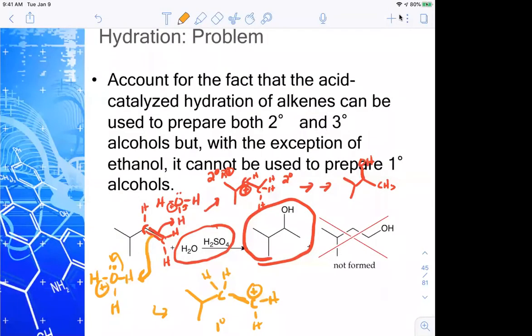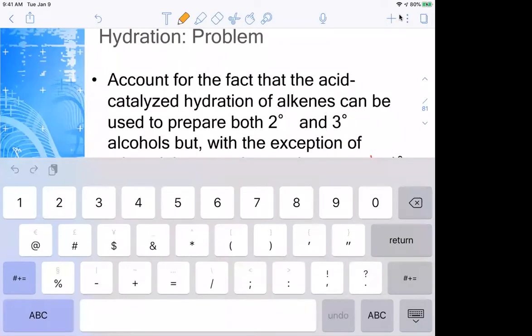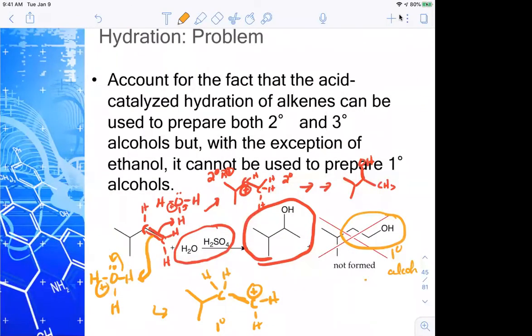Well, notice that any time I form a primary alcohol, this is going to come through a primary carbocation, which is not stable and will not form.